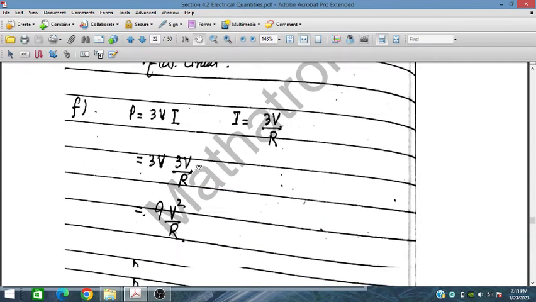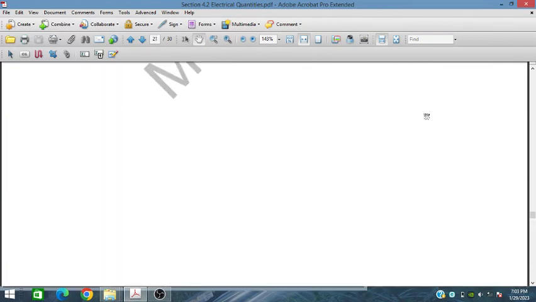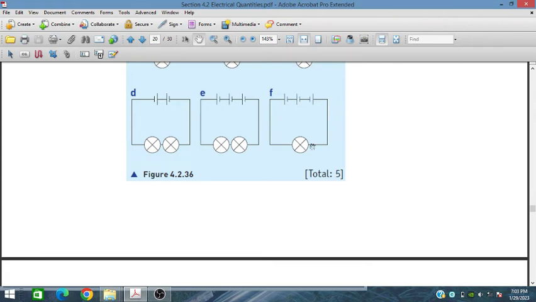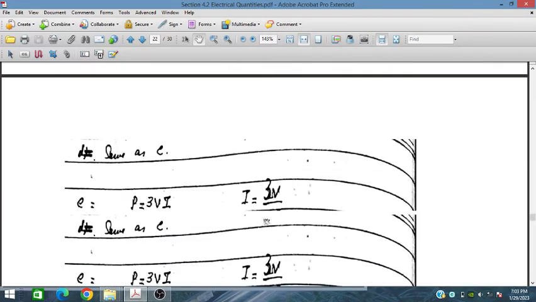For F part, the brightness will be 9 times because 3V is applied here. But this connection is wrong. If we have this one positive here and this, they will cancel each other. If we assume this is in a correct combination, if this is positive and this is negative, then this is 9 times.